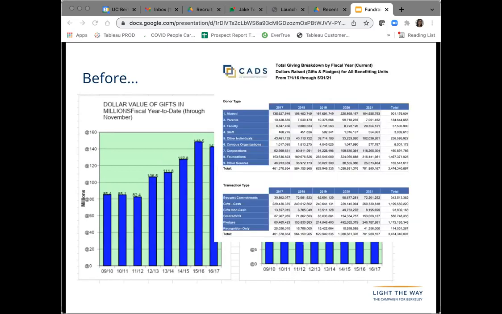And then we leveled up a little bit. We started using Business Objects to produce our reports. And so we did crosstabs that expanded our analyses to include other variables. So here you see donor types and transaction types. There's still fundraising progress data, but with other variables.